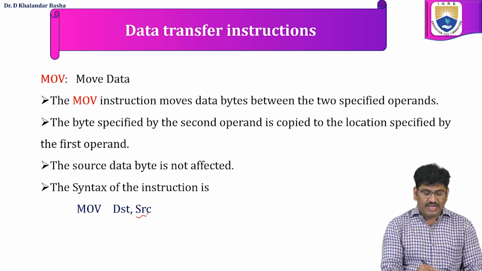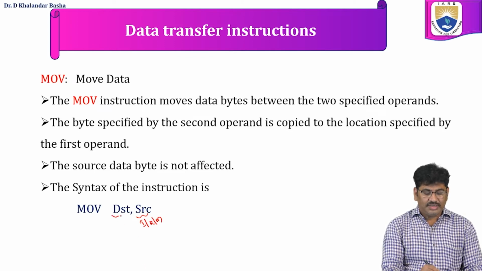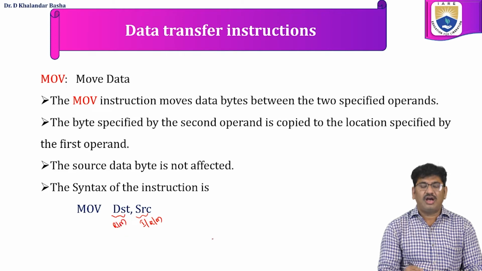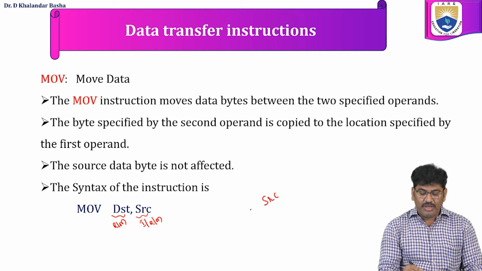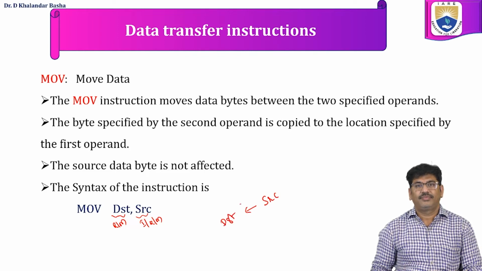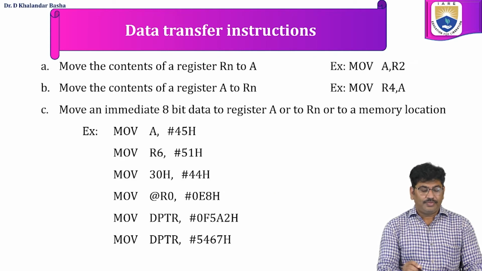Here the source can be an immediate data or a register or memory location, whereas the destination can be a register or memory location. This instruction will copy the source contents into the destination. A few examples we will see.